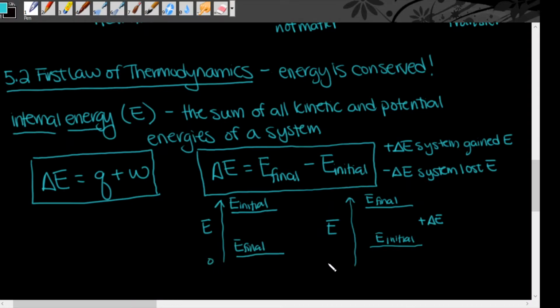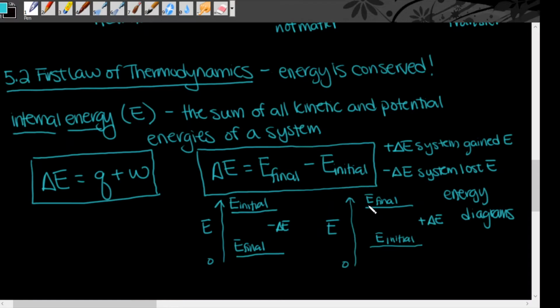Like if this is 0, down here at the bottom. This would result in a negative delta E, where we lost energy. And so these are just called energy diagrams, giving us a sort of visual representation of what happened to the system or in the reaction.